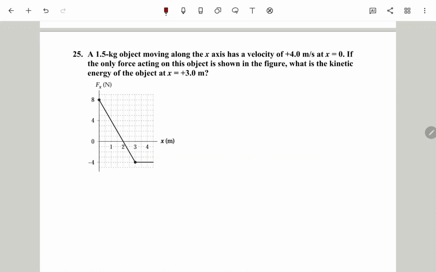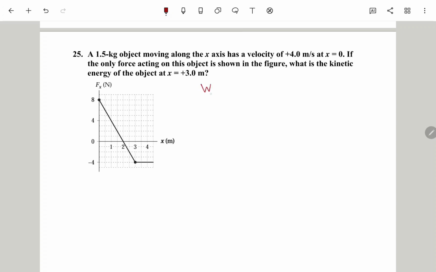A 1.5 kilogram object moving along the x-axis and has a velocity of 4 meters per second at x equal to 0. If the only force acting on this object is shown in the figure, what is the kinetic energy of the object at x equal to 3?